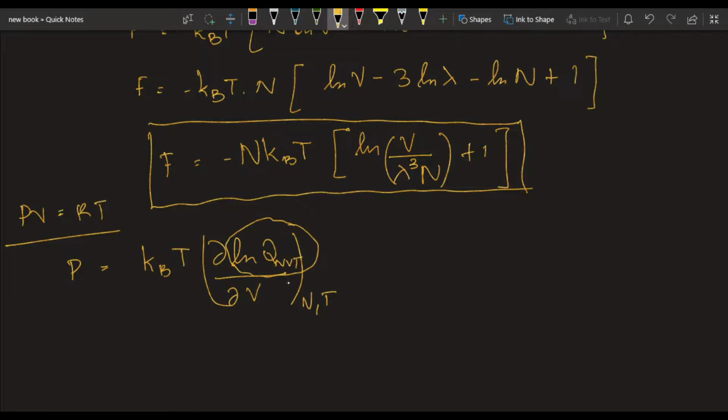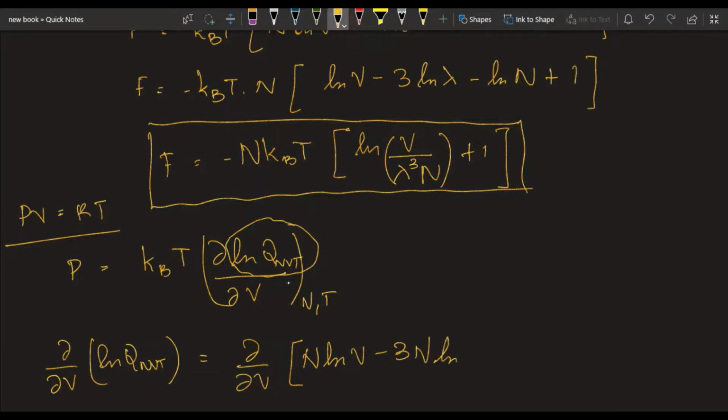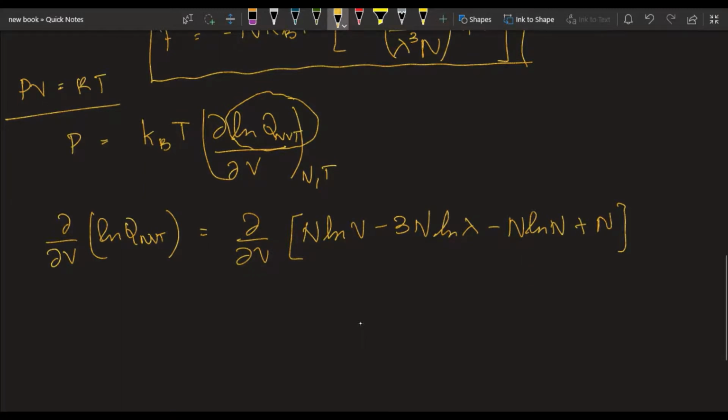So let's do that. Since all these terms are not dependent on the volume, they'll be directly 0, and we have n dou ln V by dou V. So this whole thing is 1 by V. So we have n by V.